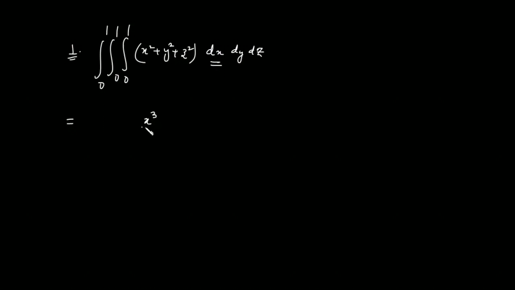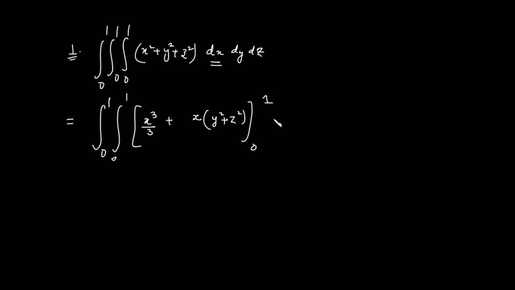So the integration is x cube by 3 plus x times y square plus z square. Now you substitute the limits. When you put x to be 1, you get 1 by 3 plus y square plus z square.